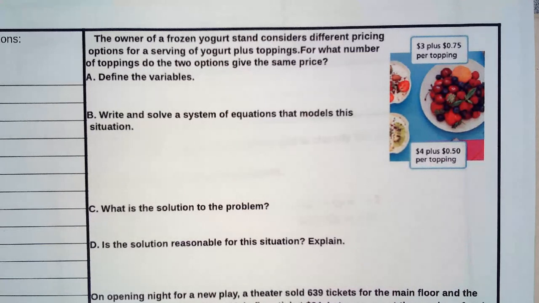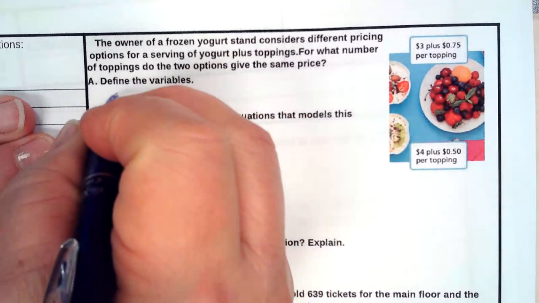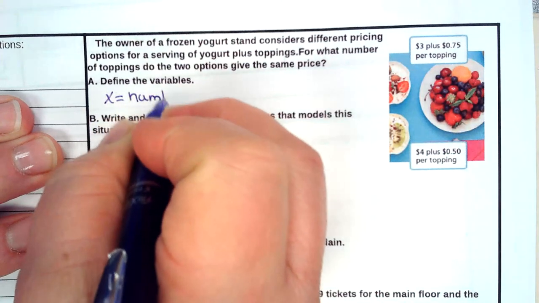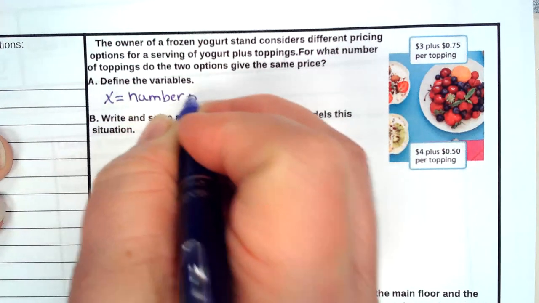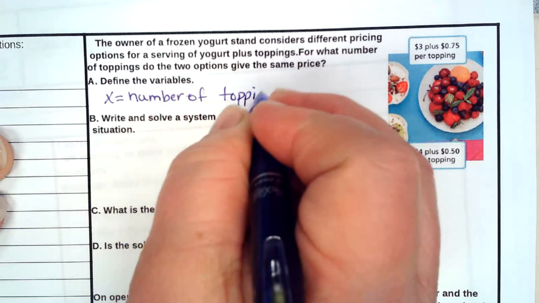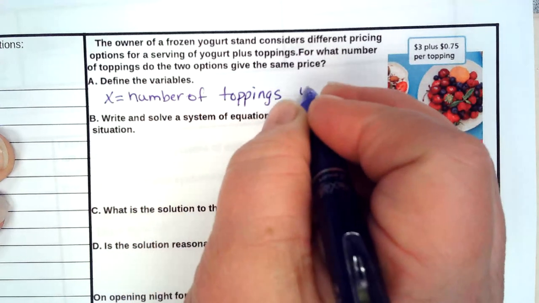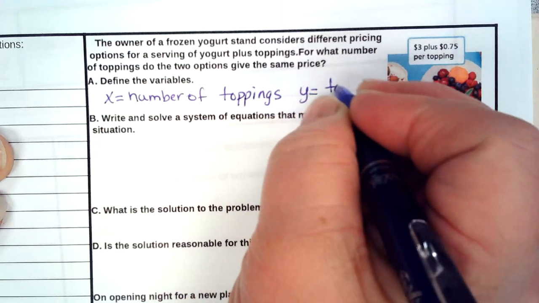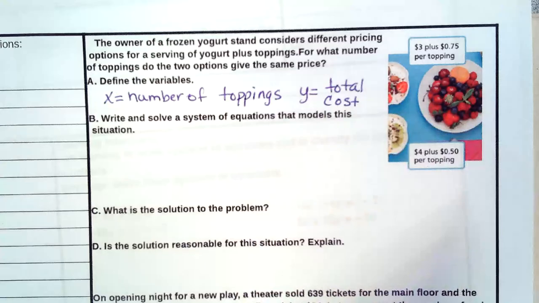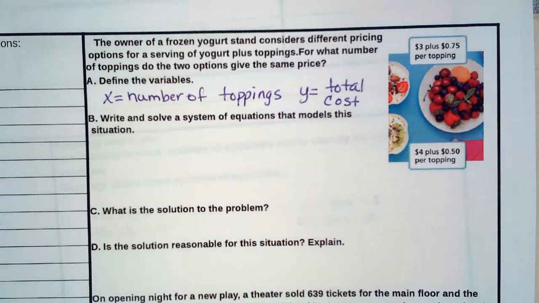What are your variables? Well, x will be the number of toppings, and y will be the total cost. If we're looking at the first, does that $3 change?